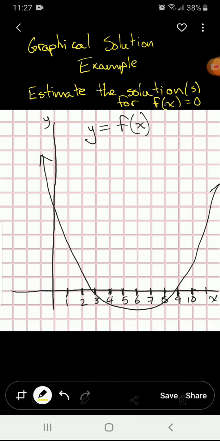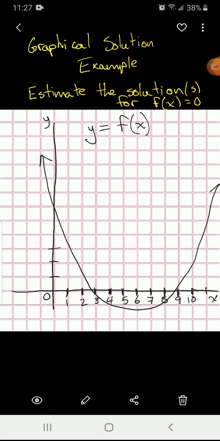Estimate the solutions for f of x equals 0. Well, what does that mean? All that's talking about is we have this graph here. This is our f of x. We're looking where f of x is equal to 0.